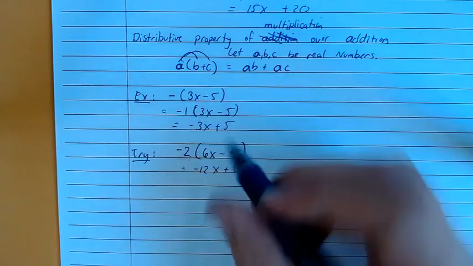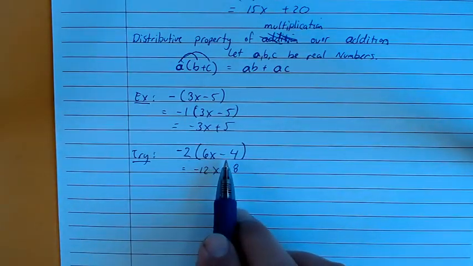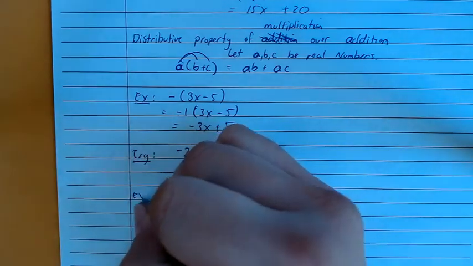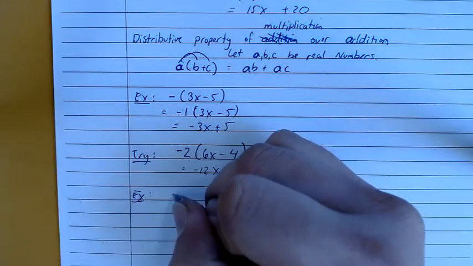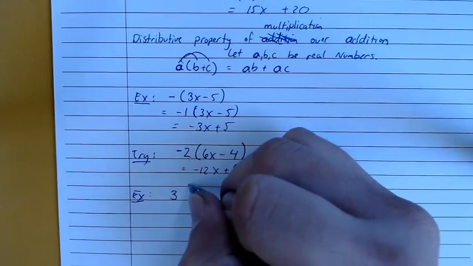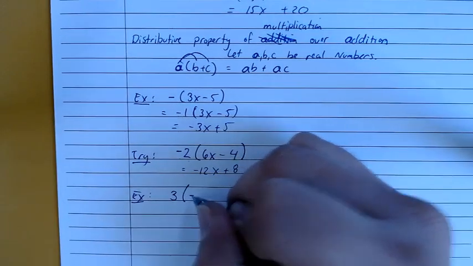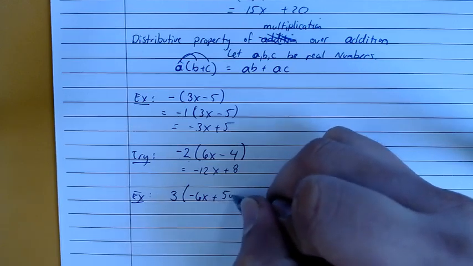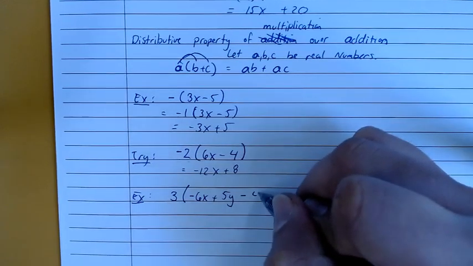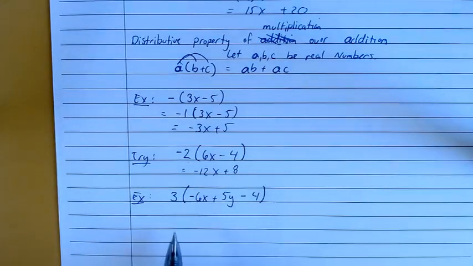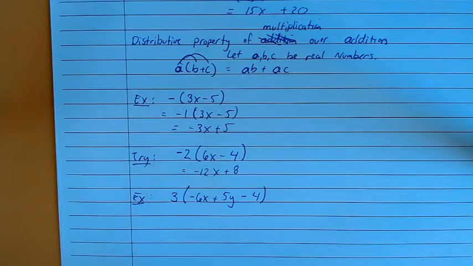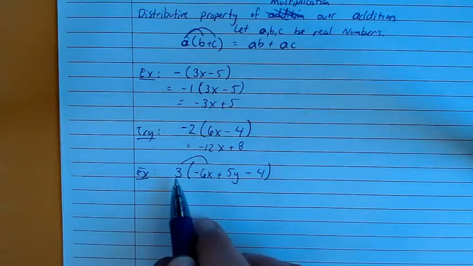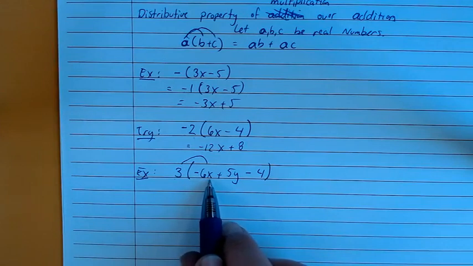Note that you're not limited to just 2 terms. You can actually do this with more terms. For example, you might have 3 times negative 6x plus 5y minus 4. Again, I work very hard to come up with examples. 6, 5, 4, 3. And again, the distributive property works the same way. 3 times negative 6x.